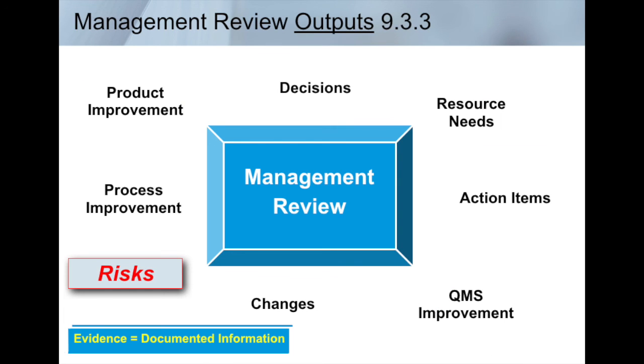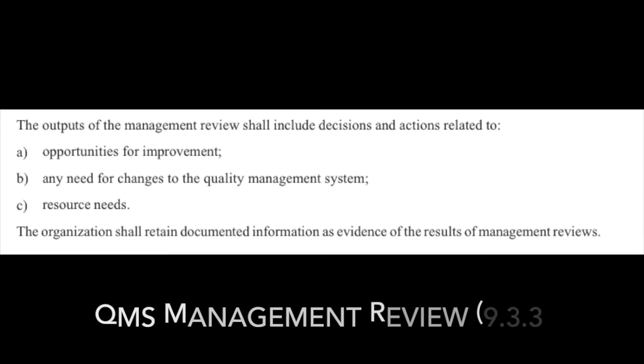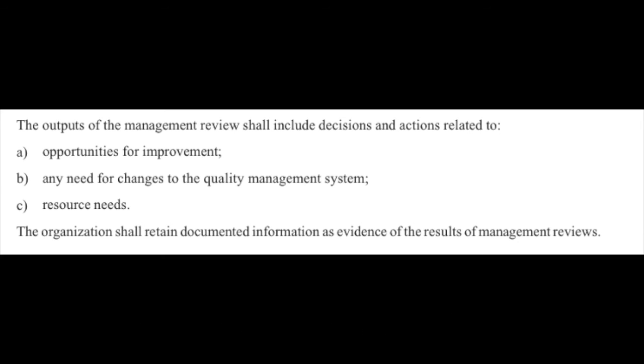The outputs of the management review prescribed by the ISO standard include decisions and actions related to the opportunities for improvement, the need for changes to the quality system, and resource needs.